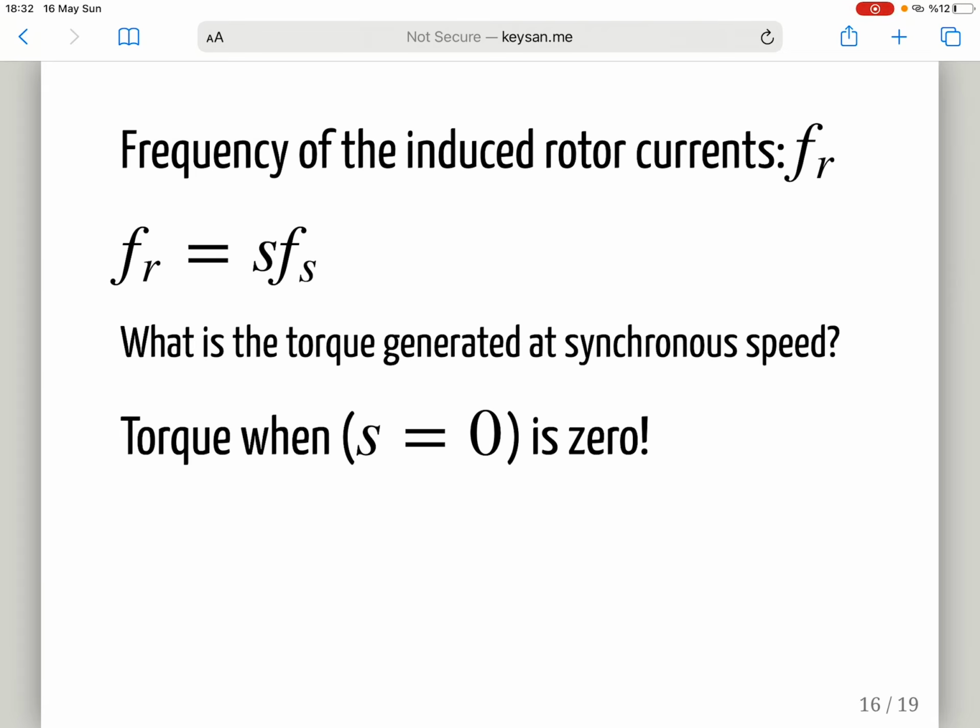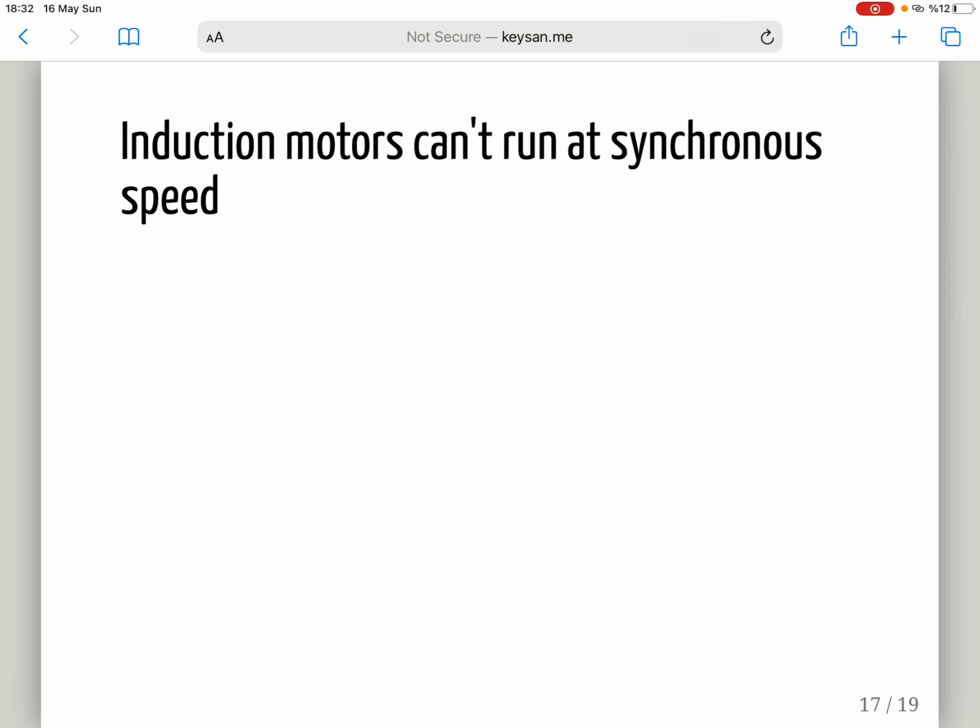Induction motors are also called asynchronous motors. So we have basically two main classifications for AC motors: synchronous motors, as we have seen in the last weeks, and asynchronous motors. Induction motors are asynchronous motors. They can run at every speed but not at the synchronous speed.